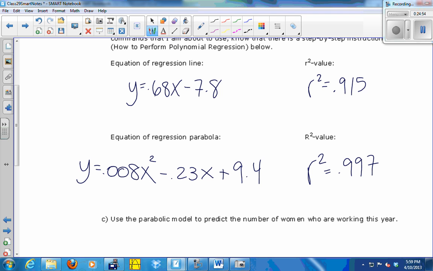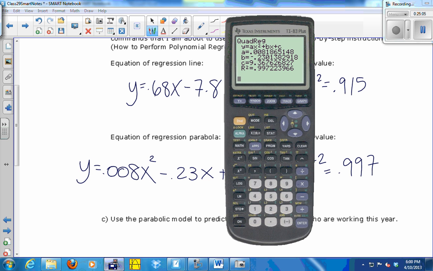So which of these would you feel more comfortable using to make a prediction? The quadratic, given our r squared value. And if I look at the graph, so there's my linear regression, and here's my quadratic fit. So almost perfect.